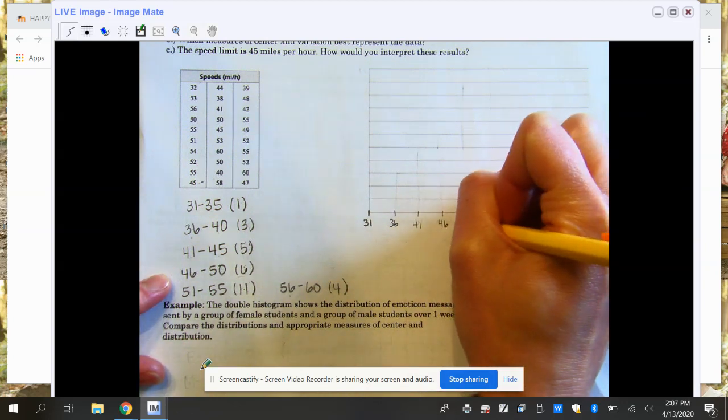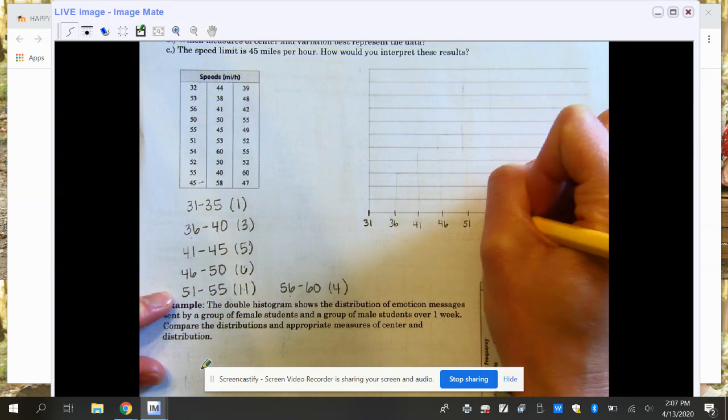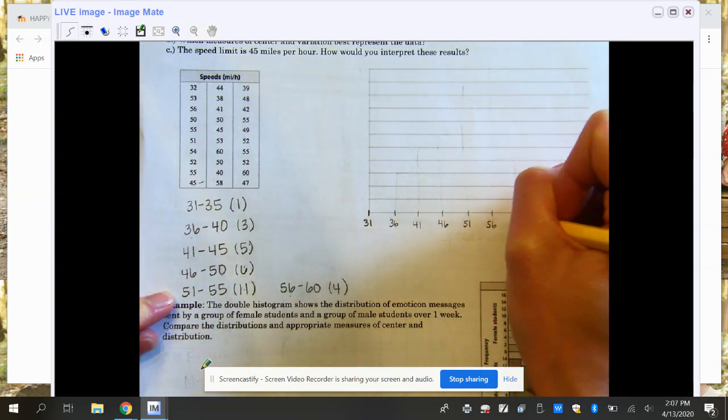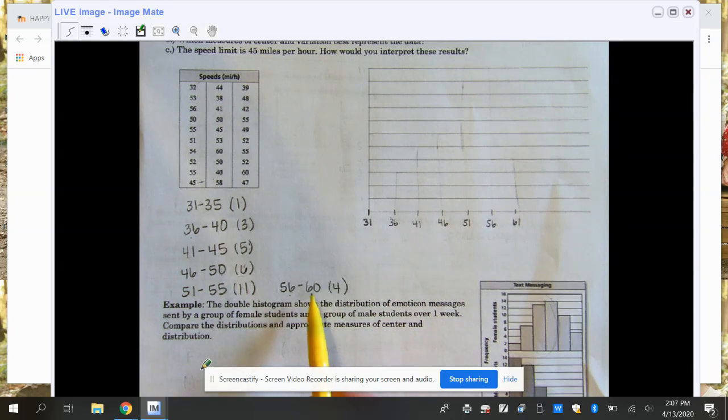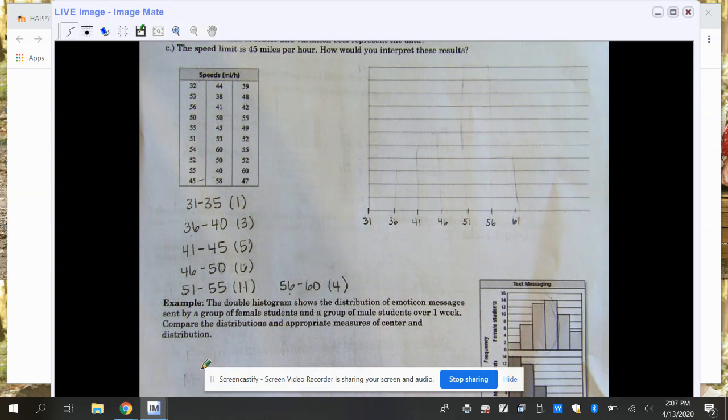Then 46, then 51, then 56, and that means my last interval, or last tick mark I should say, the next interval would start at 61. So it's always going to be one more than your maximum value.